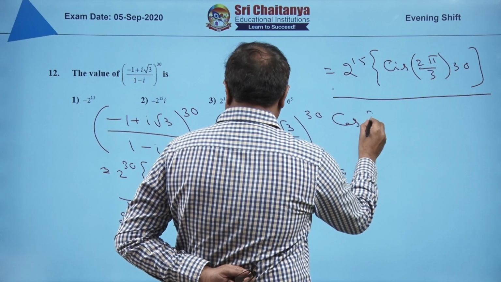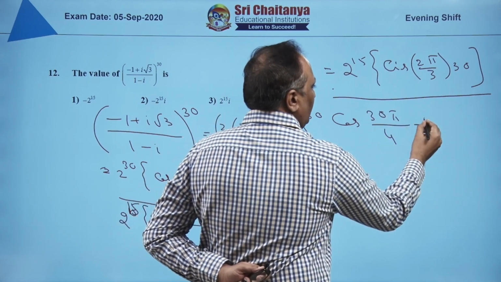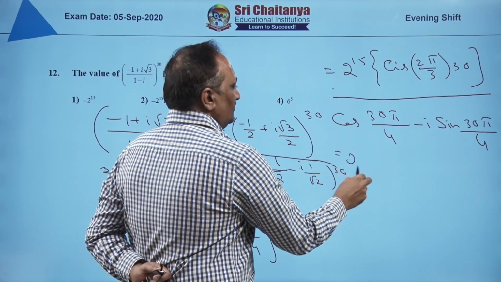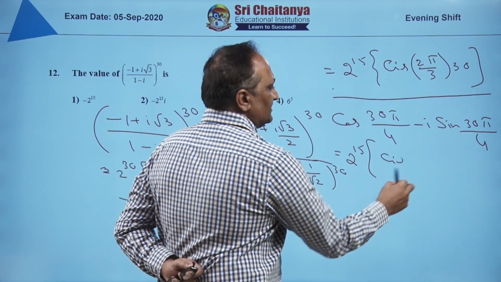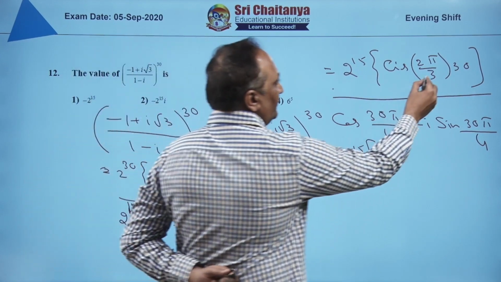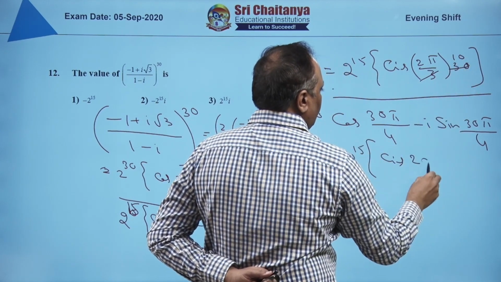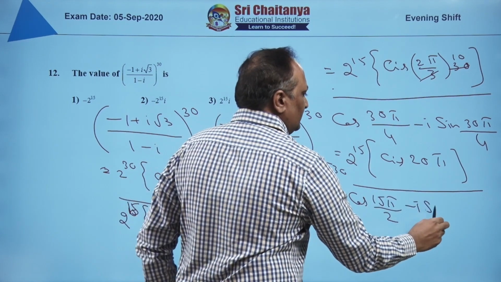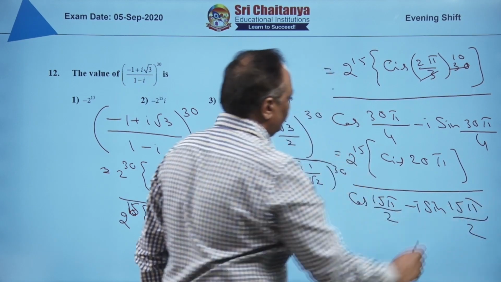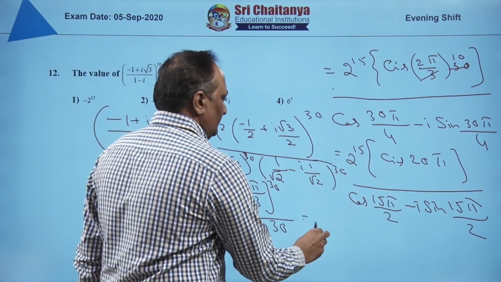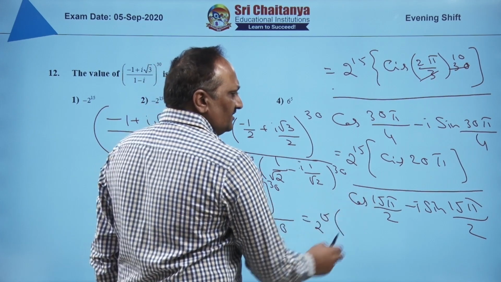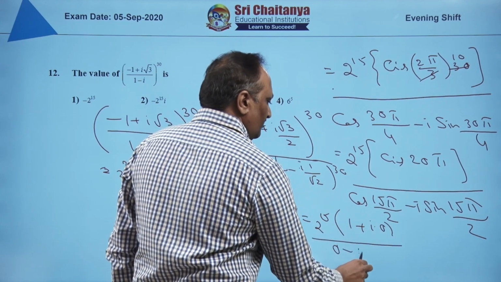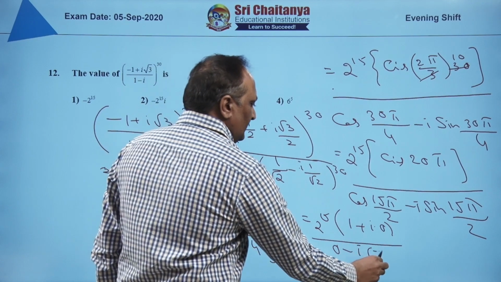This is cos 30 pi by 4 minus I sin 30 pi by 4, that is nothing but 2 to the power 15 into cis, 3 cancels 10 times, 20 pi, cos 15 pi by 2 minus I sin 15 pi by 2. 2 power 15 value obtained, simply here you can write cos 2 pi, cos 0 that is 1, sin 0 is 0, cos 90 is 0, sin 15 pi by 2 value is minus 1.